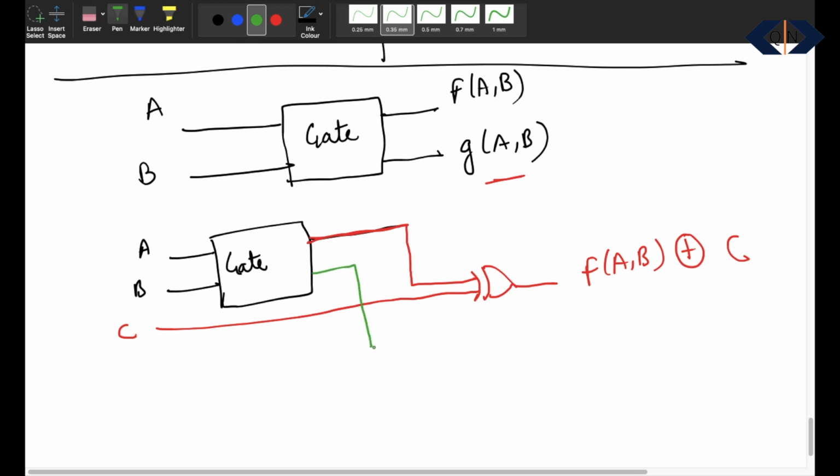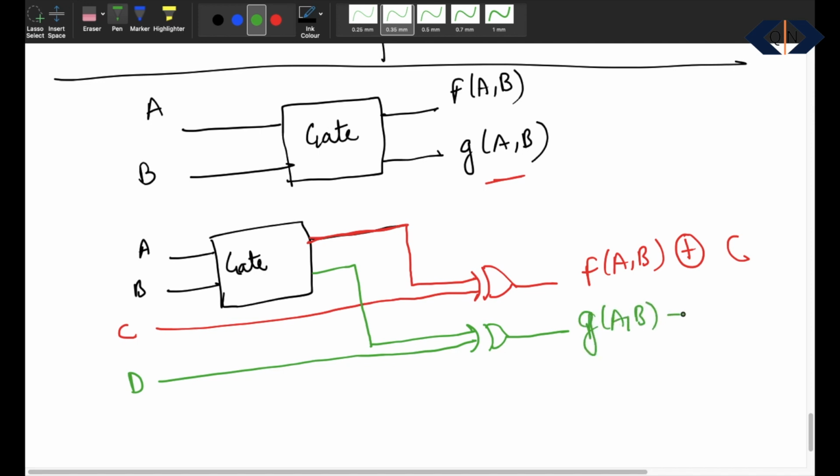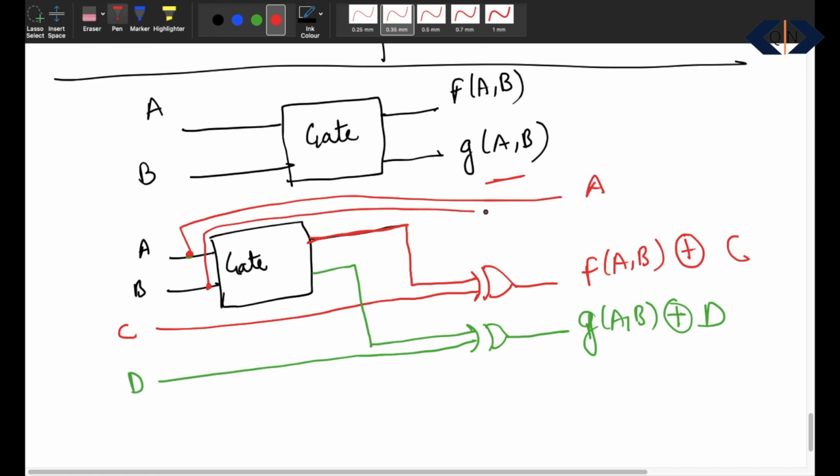And for the second case, let me color code it as G of A B. We will again have an XOR operation and another input of D, which will be giving G of A and B XOR D, and this A will be there and this B will be there.